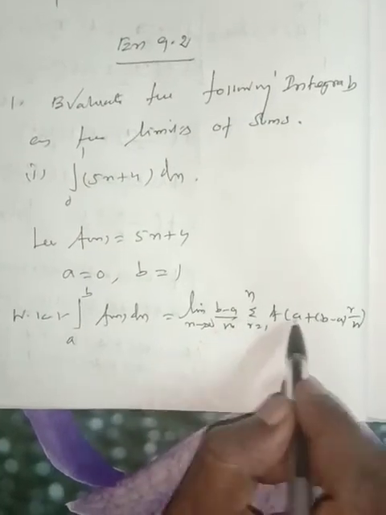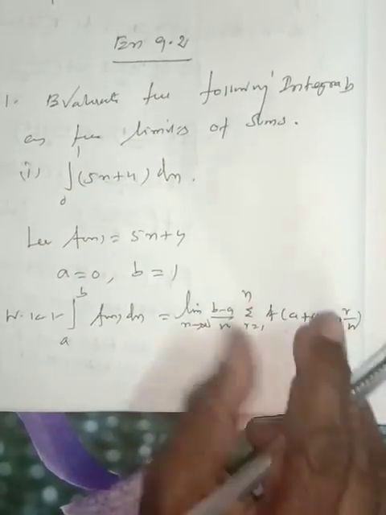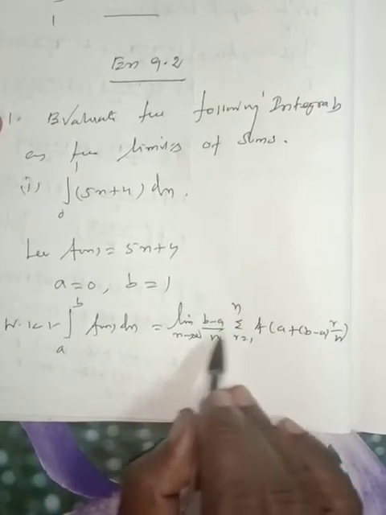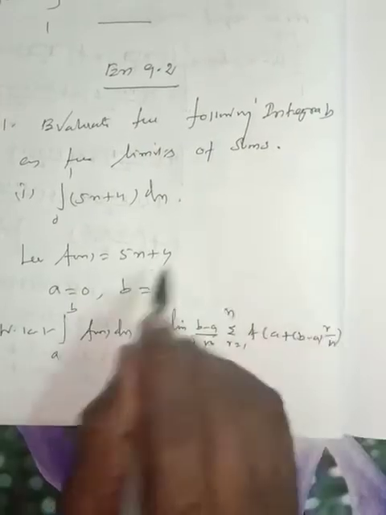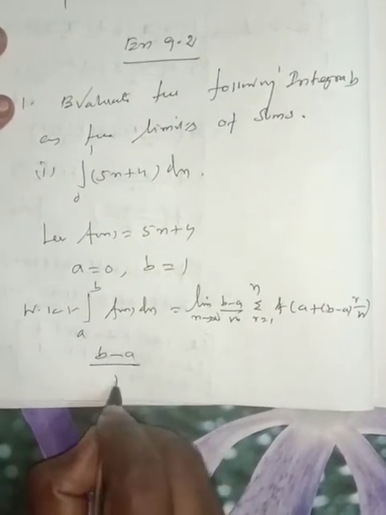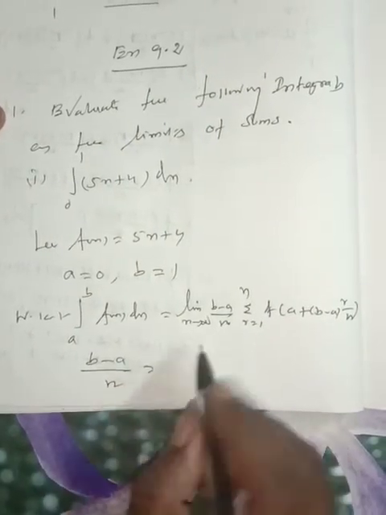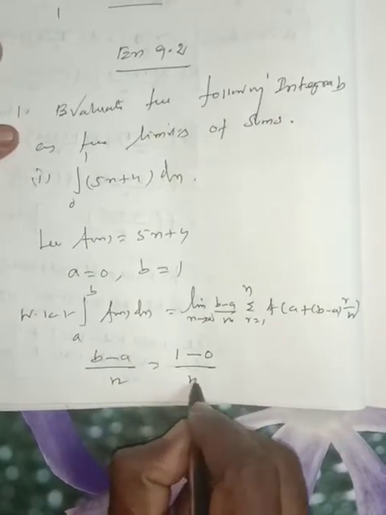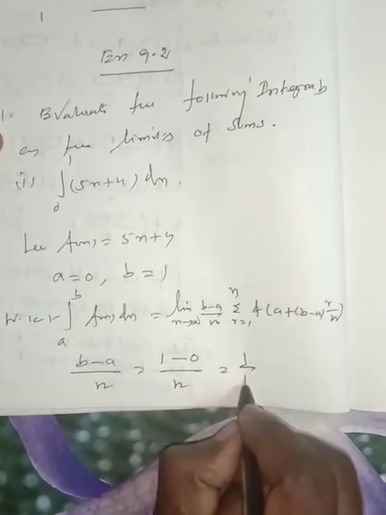We want to find a and b only. Therefore, first find (b minus a) divided by n: b is 1 minus a is 0, divided by n, is equal to 1 by n.